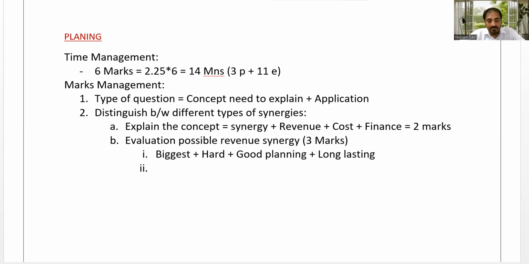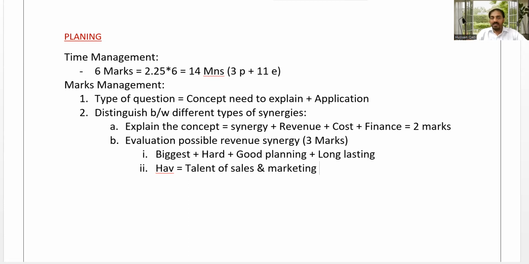Number two, you have to connect the things slowly with Have. For example, with reference to the case, Have company has a good talent of sales and marketing.